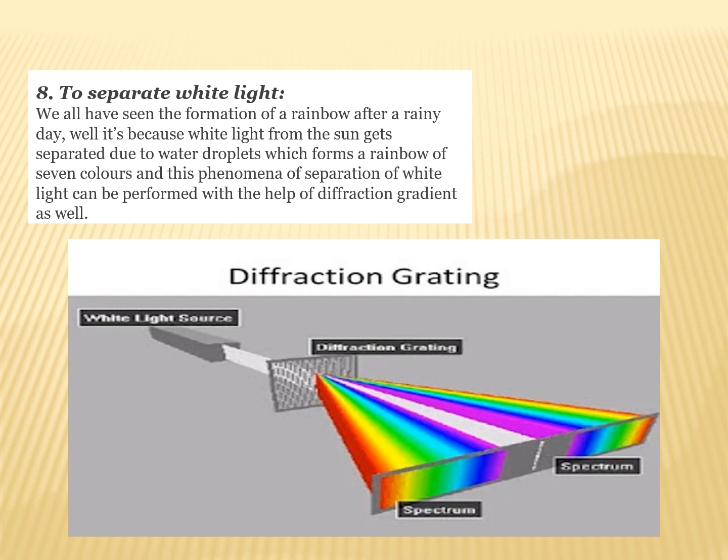The same can be performed with the help of a diffraction grating as well. You can see here the white light source is passed through the diffraction grating, resulting in the spectrum of visible range.